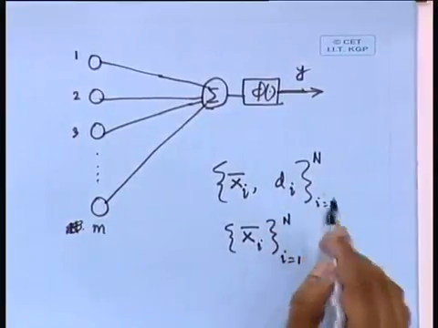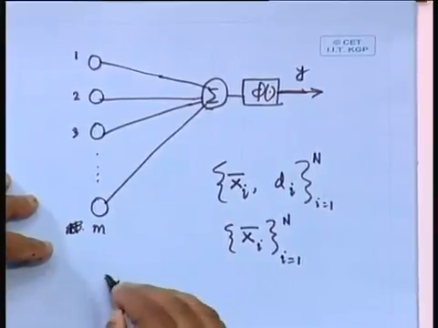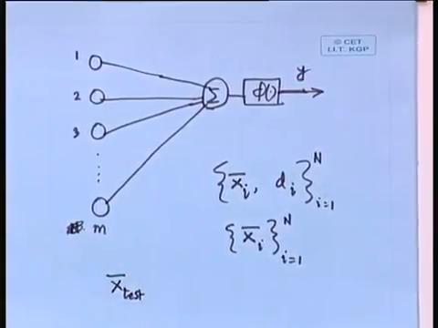We have a new test pattern, X test, that we are feeding as input to this system, and this X test is not any one out of this set of Xi's.